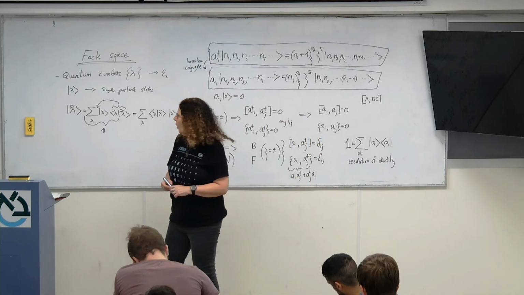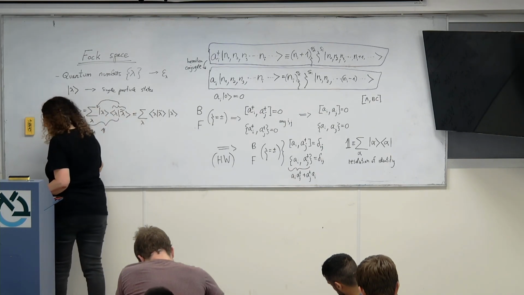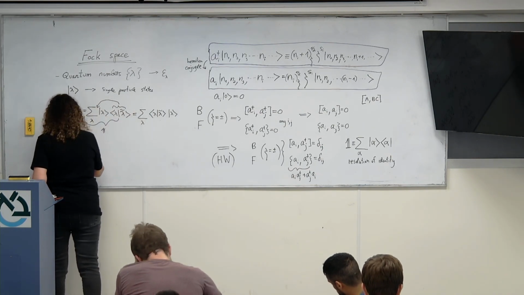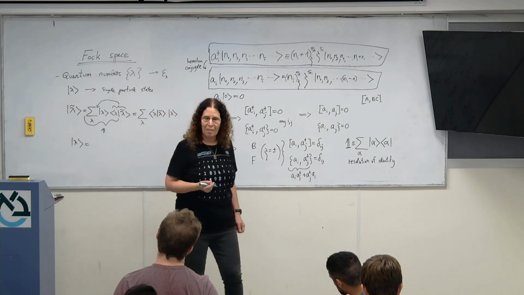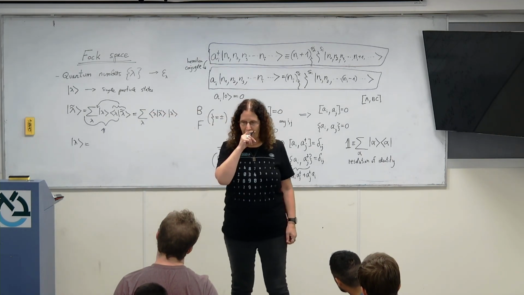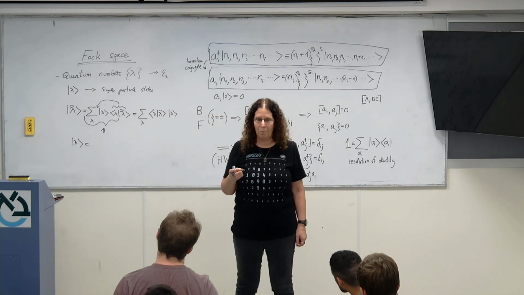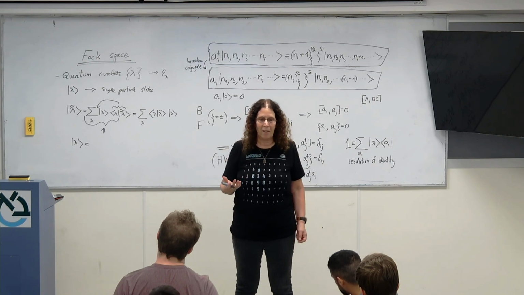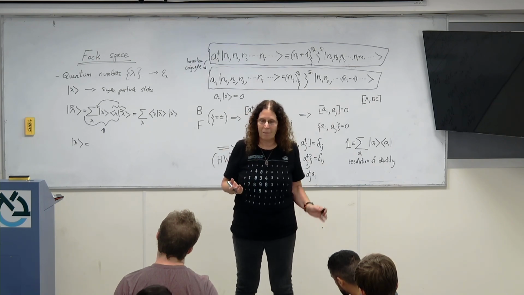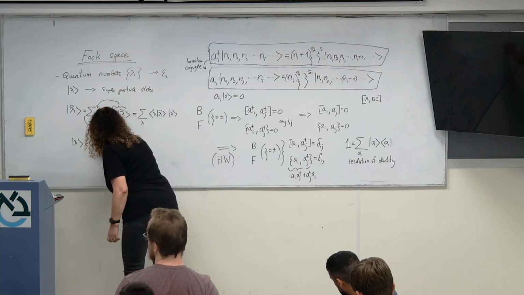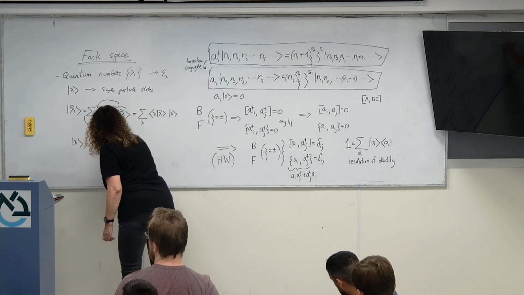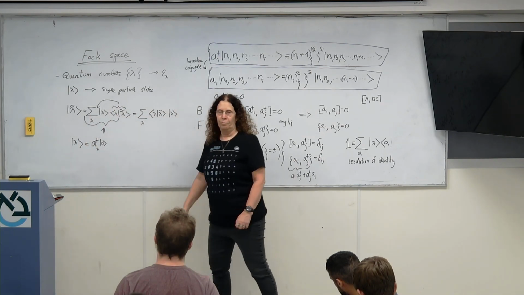Why? Because what is a single particle state? How do you write a single particle state in second quantization? You take the vacuum and apply the A lambda dagger once, right? So this is an identity.